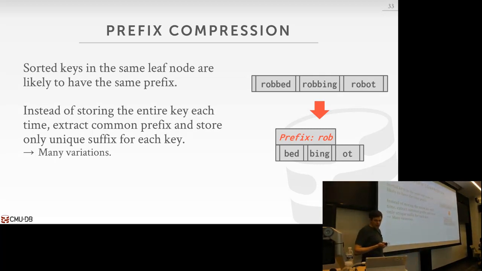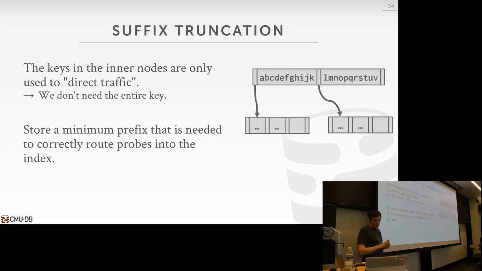So the opposite of prefix compression is suffix truncation. The basic idea here is that we maybe don't need to store the entire key in our inner nodes to figure out whether we want to go left or right. In this case, we have ABCD up to K for one key, LMNO up to V for another key.